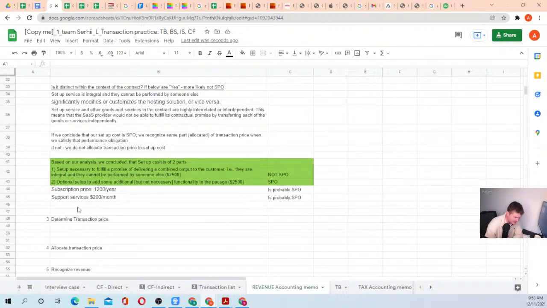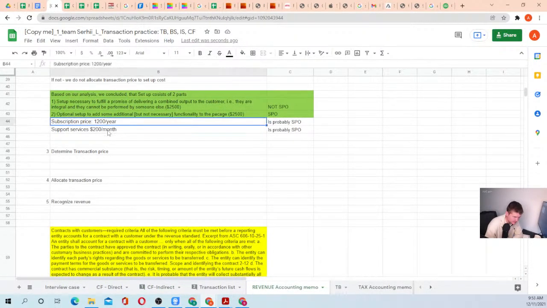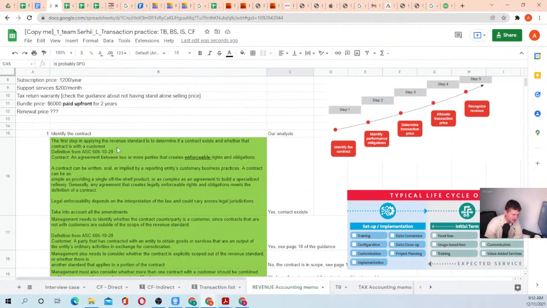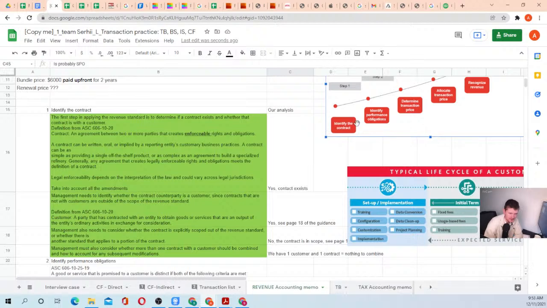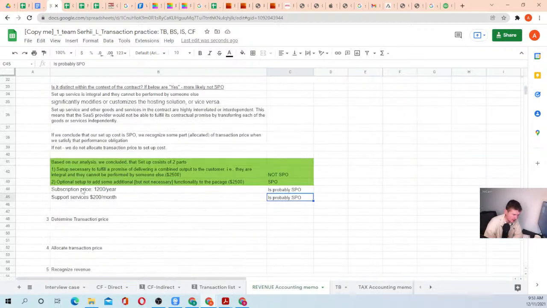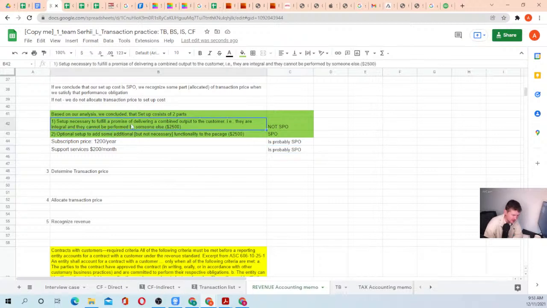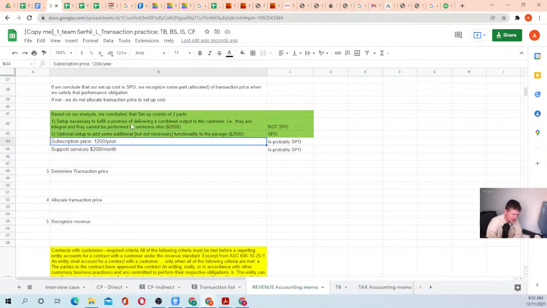Let's see where we stopped. We were doing allocation for identified performance obligations, and we needed to identify separate performance obligations in the contract. And we ended up saying that half of our setup fee is not an SPO, the other half is an SPO, and subscription and support services are SPOs.